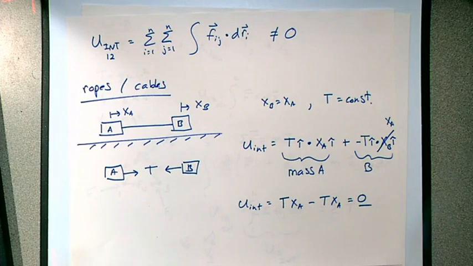So for my internal work here, if I look at A first, I've got 2T in the i direction, dotted with XA in the i direction, assuming positive to the right.